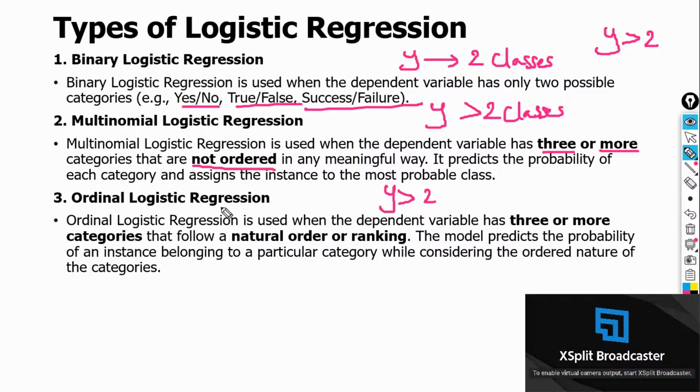Ordinal logistic regression can be used, friends. I'll now compare all three types of logistic regression: binary, multinomial, and ordinal.